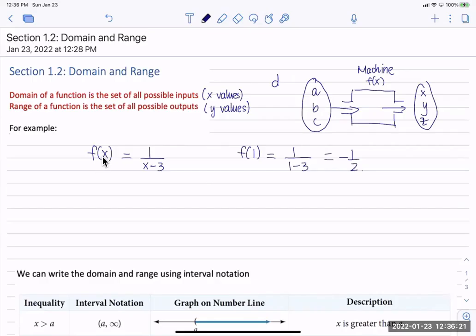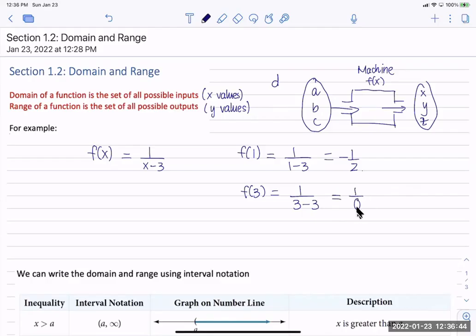You can plug in 2, you can plug in 4, but how about f of 3? If I plug in 3, I have 1 over 3 minus 3. What is 3 minus 3? It's 0. Oh, it means your output is an undefined value.